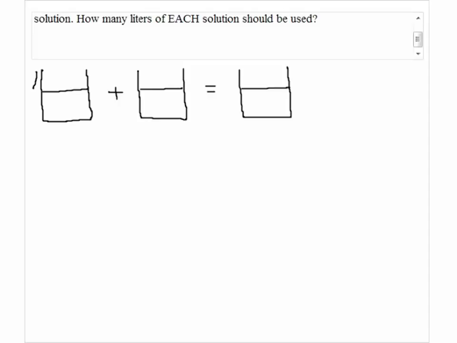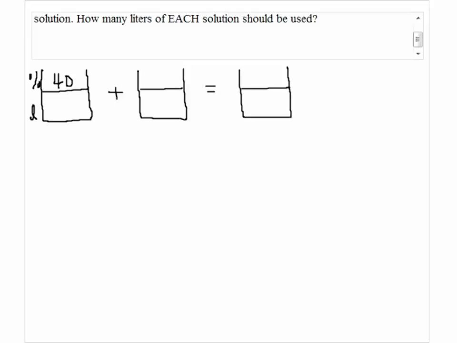Okay, let's use the top row for the percentage of each solution, and the bottom row is for the amount, and in this case, liters for each solution. So the first solution that we have has 40% acid, so the percentage will be 40.